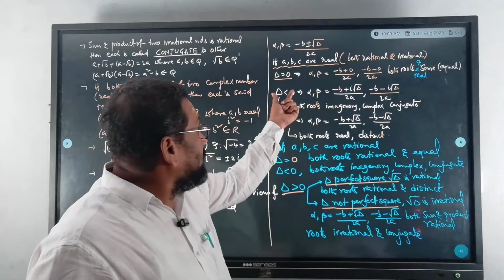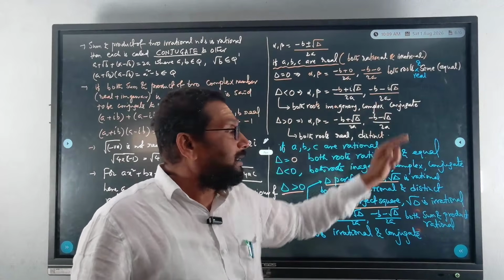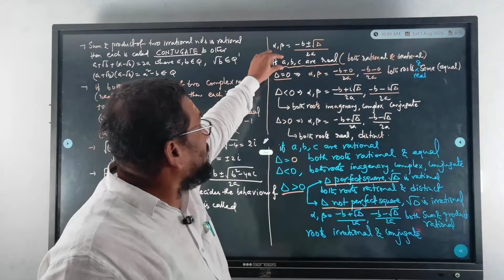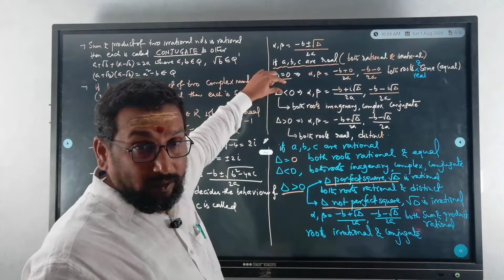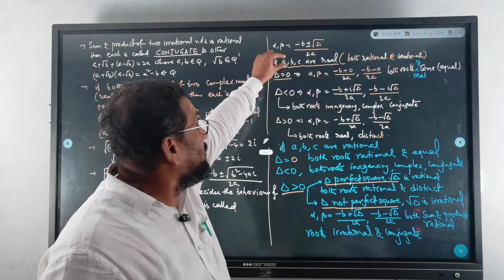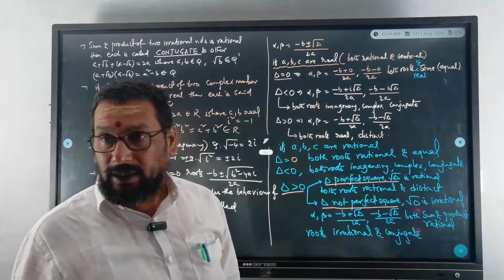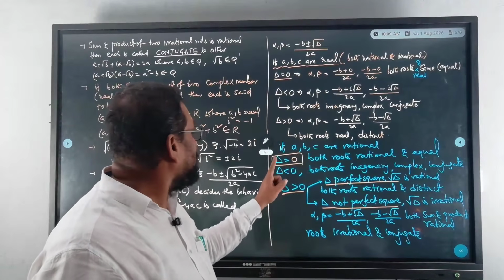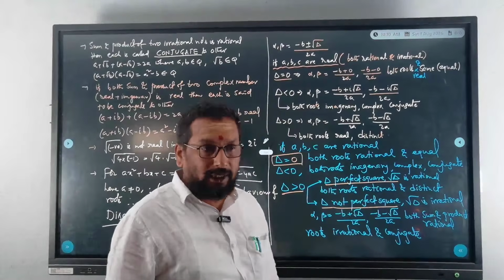If delta is less than 0, both roots are not real: imaginary, complex, conjugate. So if a, b, c are real, delta equal to 0 gives real roots, and if a, b, c are rational, roots are rational. In the case of delta less than 0, both roots are imaginary and conjugate.